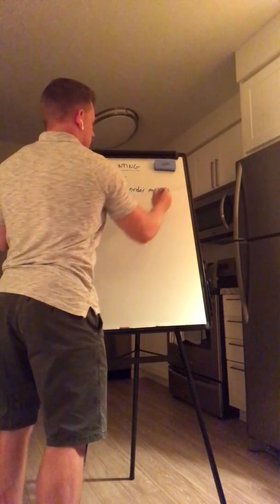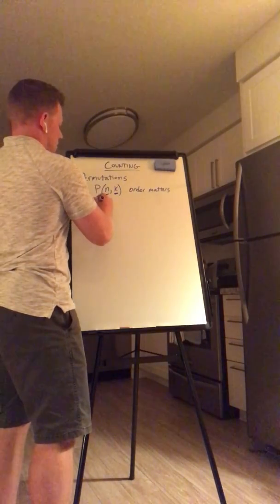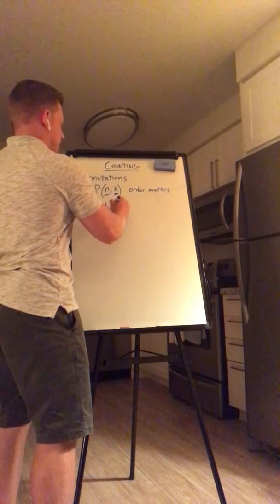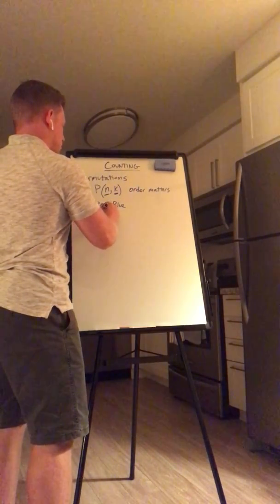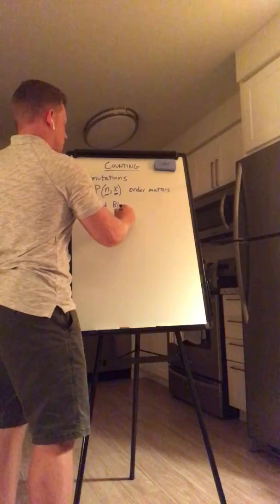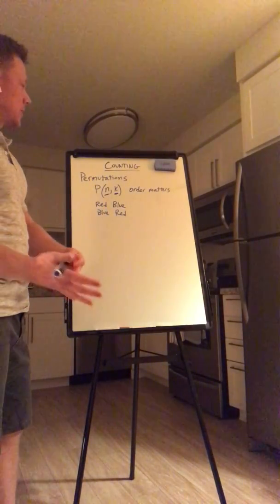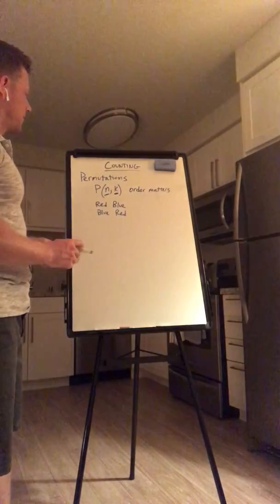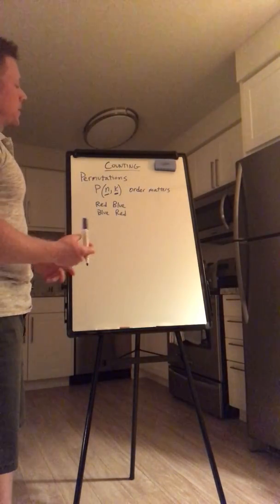What does order matters mean again? That means red, blue is different than blue, red. So the order in which I draw these items does matter. So think about this for a second.